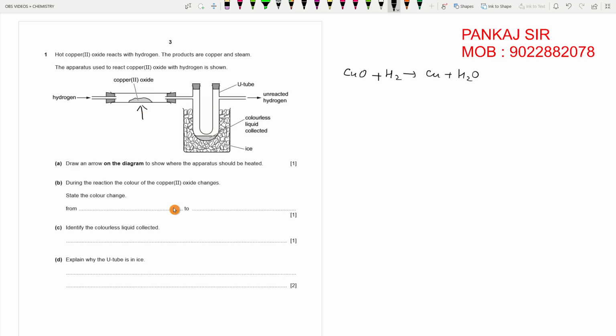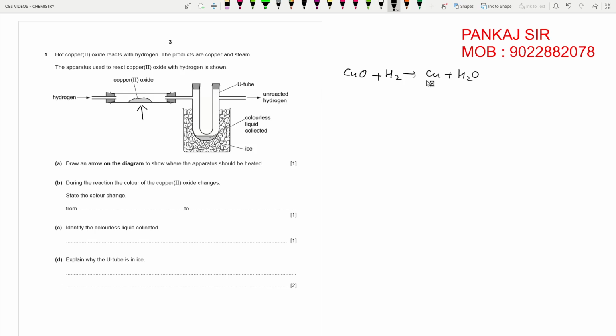B is during the reaction, the color of the copper oxide changes. State the color change. Now it is well known that copper oxide normally is black in color, and in this particular experiment, copper oxide is going to change into copper, and you know that copper is brown in color.